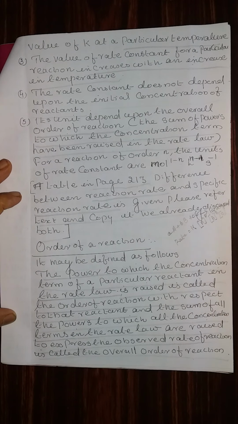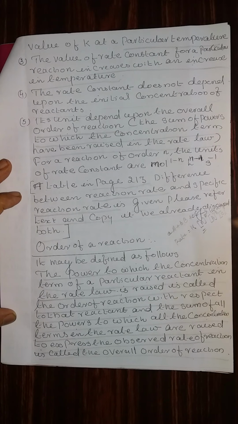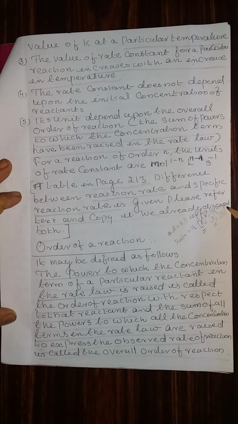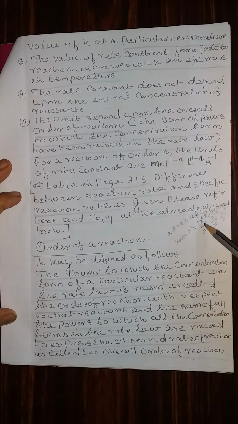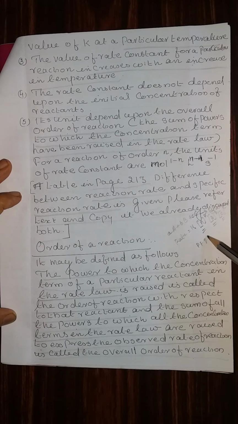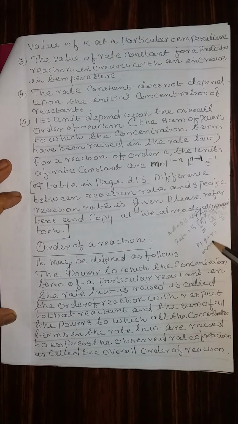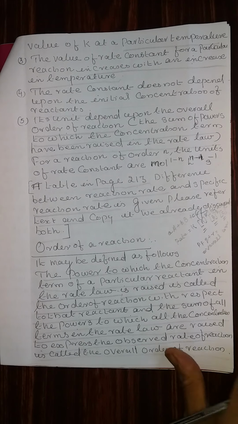These are all called the order of the reaction. For example, p is called the order of the reaction with respect to A. q is called the order of the reaction with respect to B. r is the order of the reaction with respect to C. And p plus q plus r is equal to the overall order of the reaction. That is what we are going to explain now.